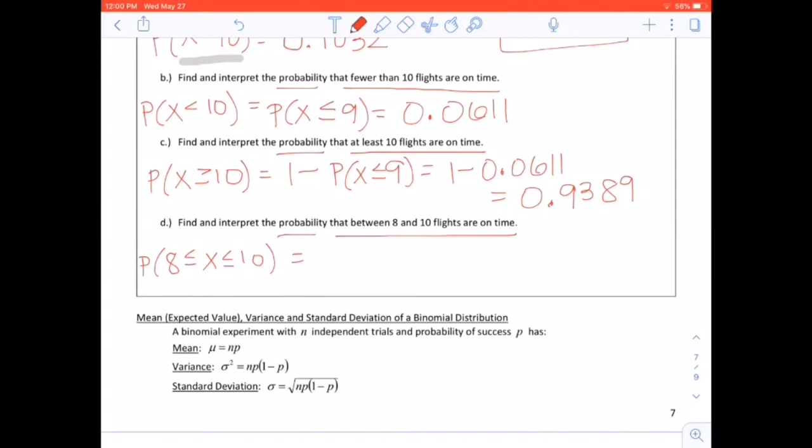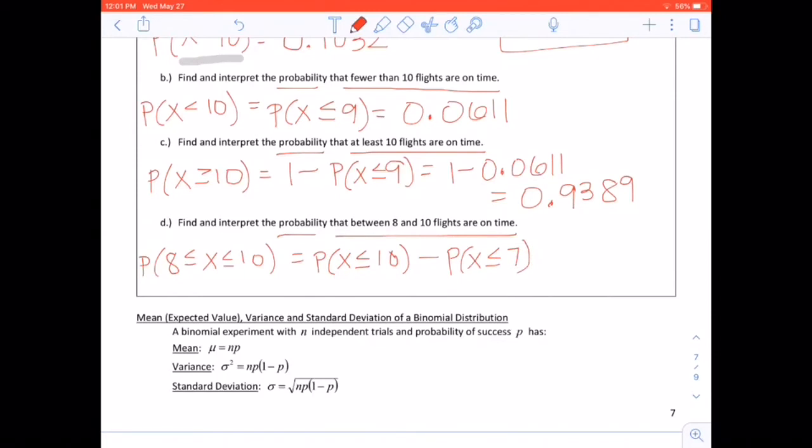Another way to do this is to take probability that x is less than or equal to 10 and subtract away the stuff that we don't want. So right now we say 10 or less, but I don't want anything less than 8 or less than or equal to 7. So I'll say less than or equal to 7.